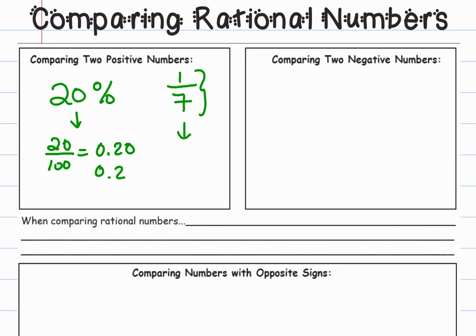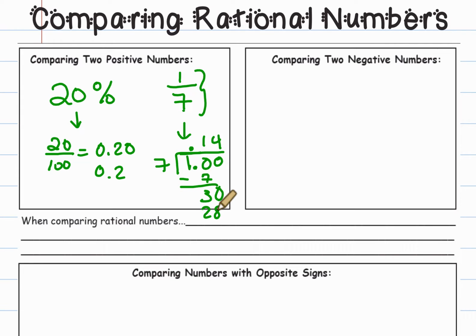So the other way to do it is to use division, remembering that the numerator is our dividend and the denominator is our divisor. We would do long division. 7 goes into 10 once, with 3 left over, bring down a 0. 7 goes into 30 4 times. 4 times 7 is 28.